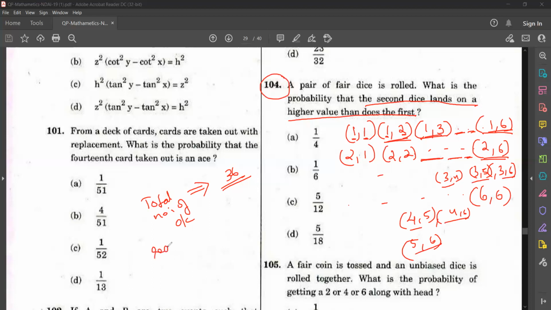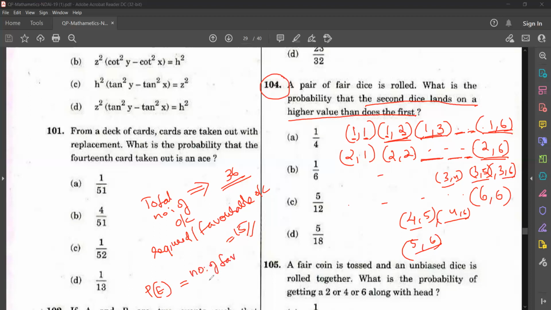So we can write it as required or favorable. Favorable means what you need. So favorable outcome is 15. What is the formula for probability?